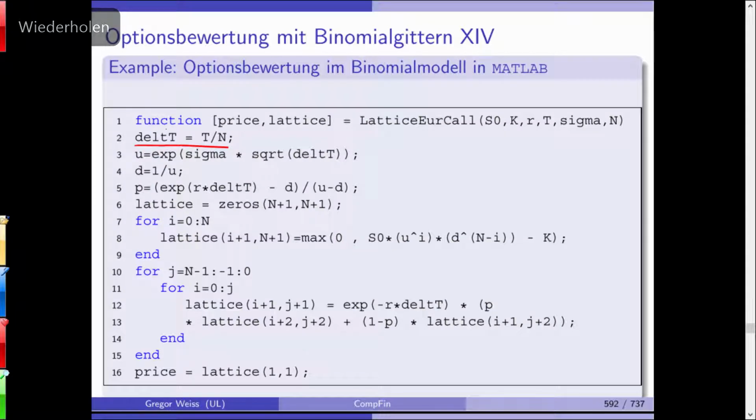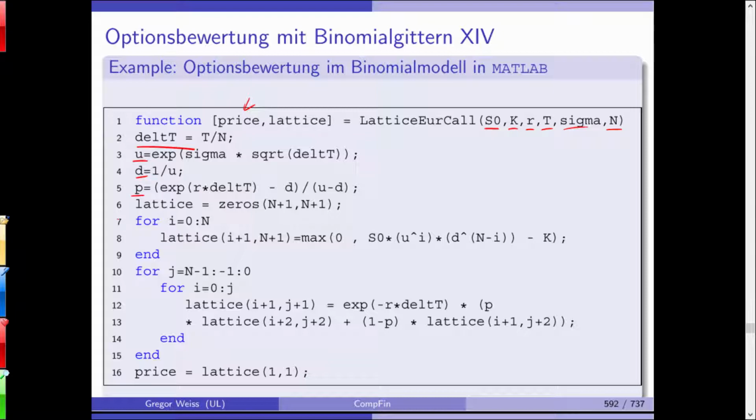And this is the function how it looks in MATLAB. You want as an output the price and the lattice. You have as input parameters the current stock price, strike, risk-free rate, t, sigma, and the number of intervals. And you immediately calculate delta t, u, d, and p.